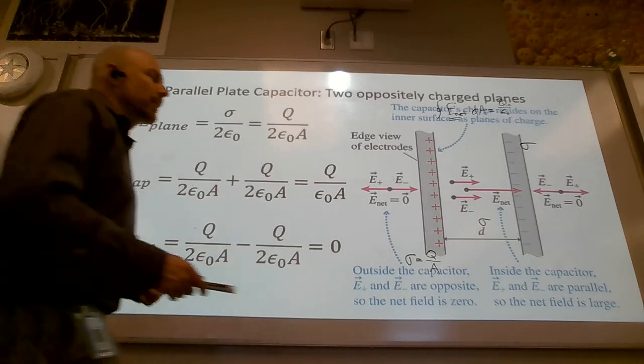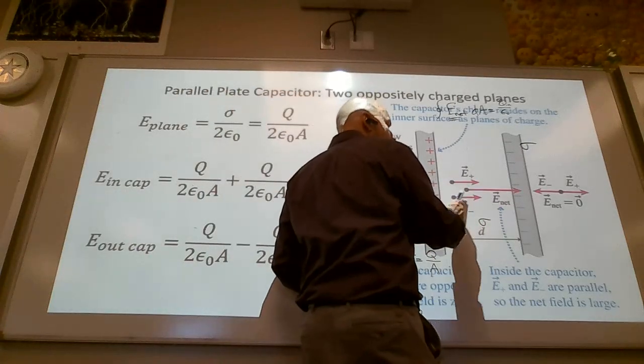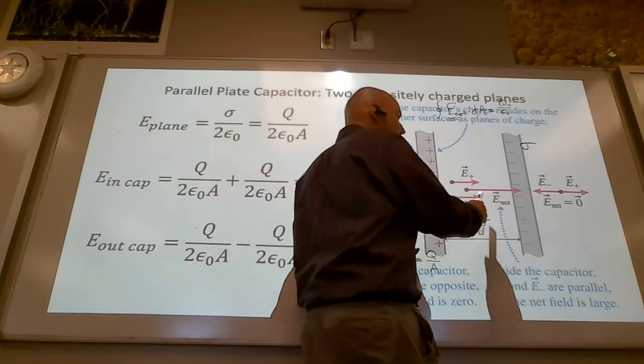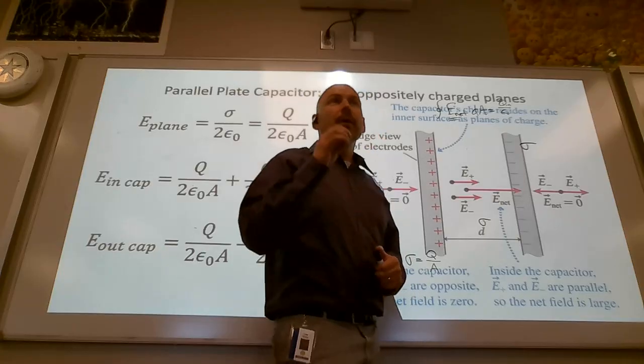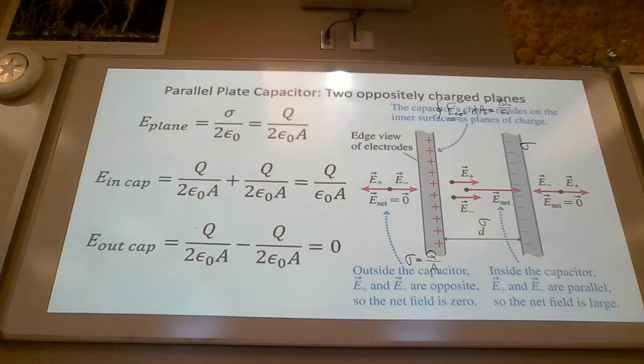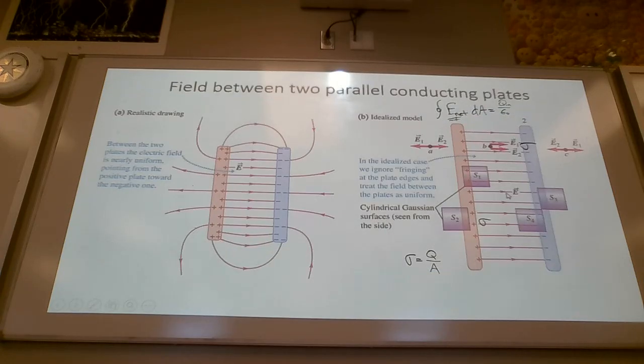This one has an electric field, that one has an electric field, so the net electric field is this one. When we use Gauss's law, catch this, this is a pitfall a lot of people fall into. It does not calculate this. It calculates this. It's everything. It's a powerful tool.